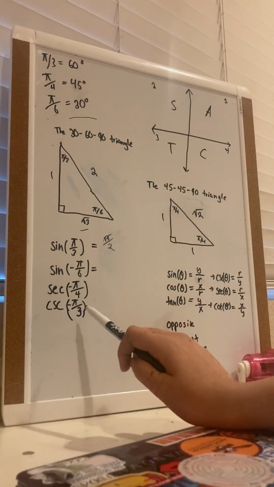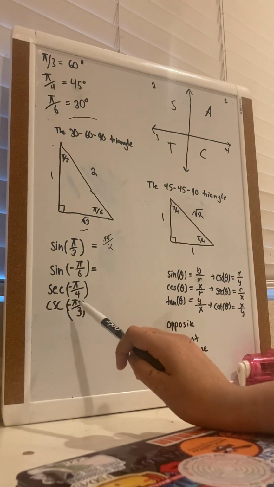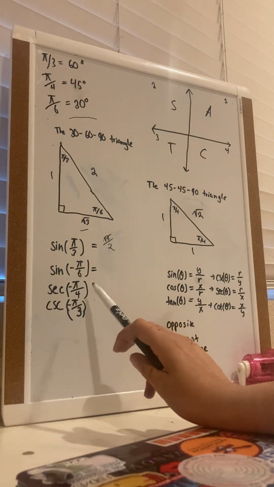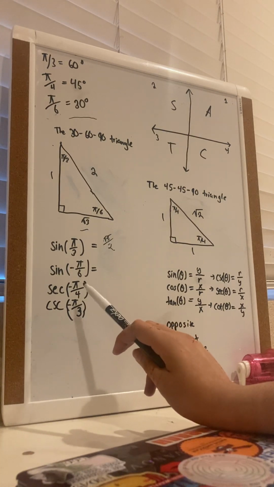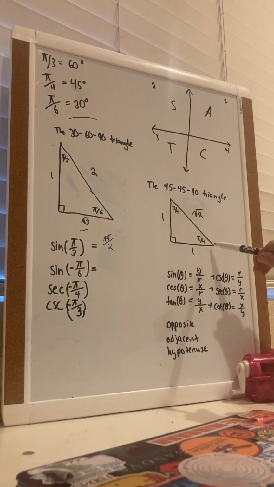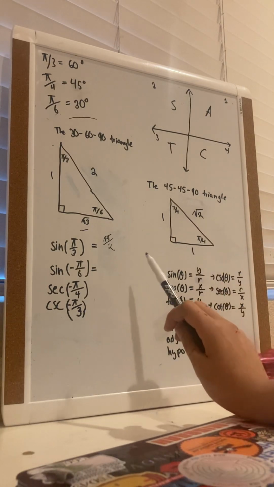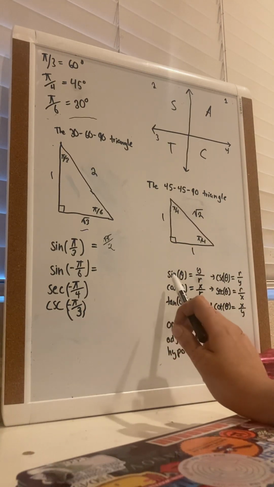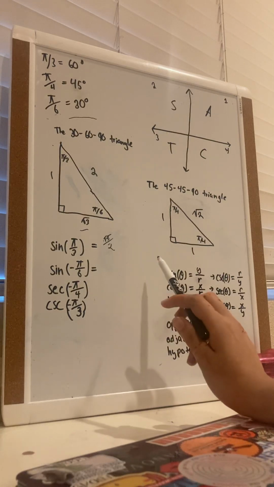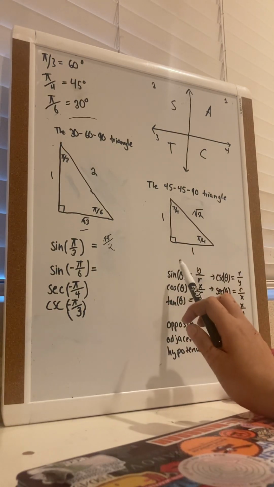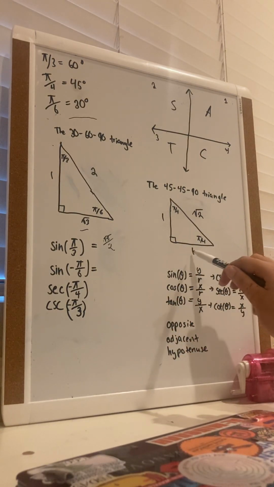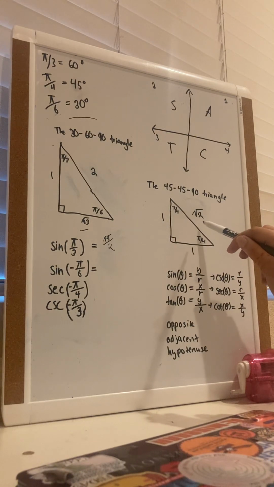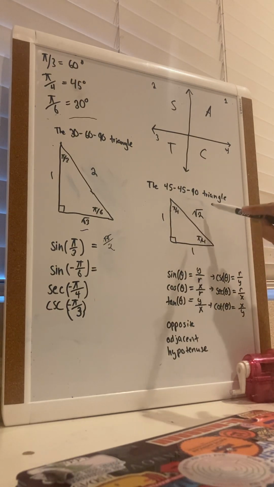You can also do it with these reciprocal functions, like secant of negative pi over 4. We know that secant is the reciprocal of cosine. So let's think about the cosine of pi over 4, which is adjacent over hypotenuse. That would be 1 over root 2. The reciprocal of that would be root 2 over 1.